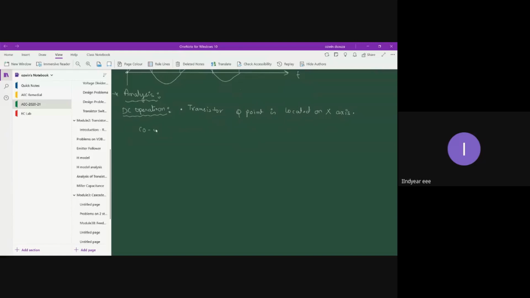Therefore, the coordinates of Q point are x comma y. So that is Q of what is x? X is VCQ. And what is y? Y is 0. That's because the Q point is sitting right on the x-axis. So you will have an x coordinate, but your y coordinate is going to be the origin point, and origin is 0.